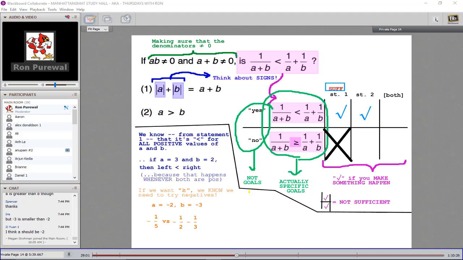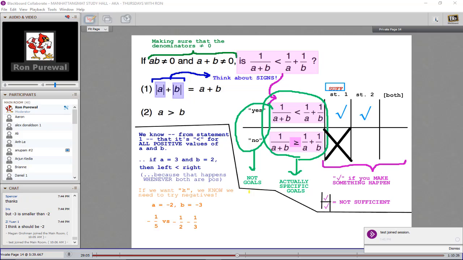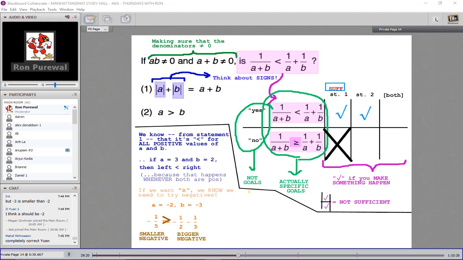This is a bigger negative number, and this is a smaller negative, which means that the smaller negative is greater in terms of the greater than, less than side. So we can check off that box. So this is not sufficient.